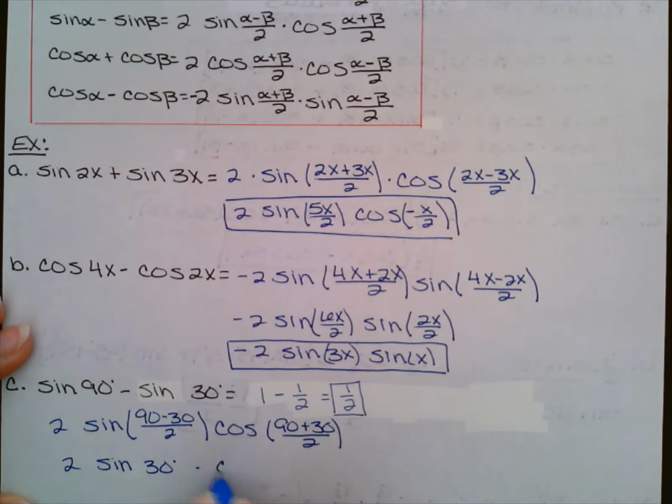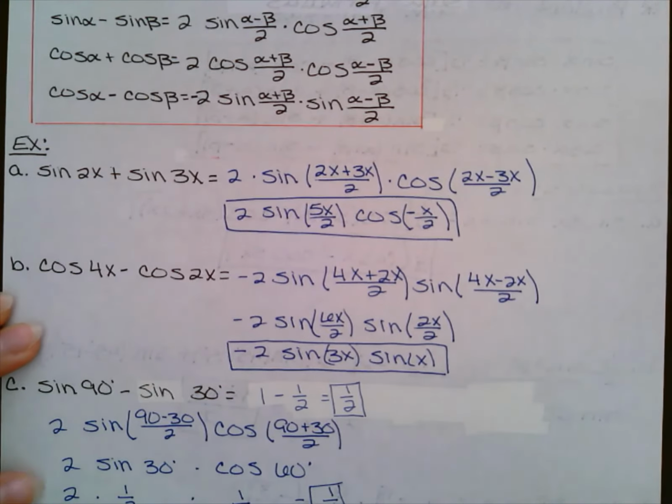Times cosine. 90 plus 30 divided by 2 gives me 60 degrees. And on my unit circle, sine of 30 is 1/2, and cosine of 60 is also 1/2. Okay? 2 times 1/2. Half of 2 is just 1. 1 times 1/2 is just 1/2.